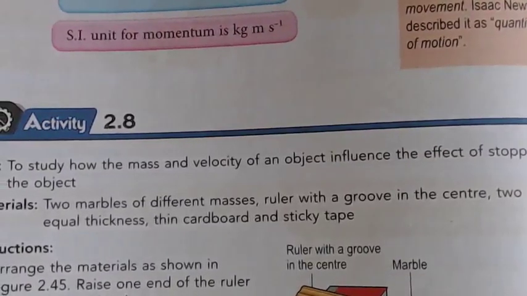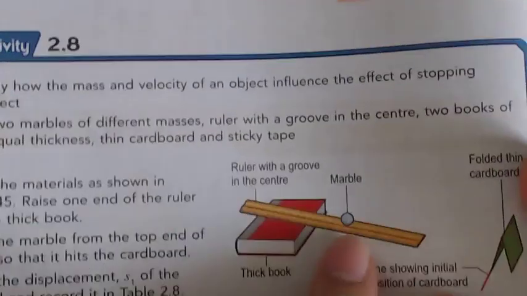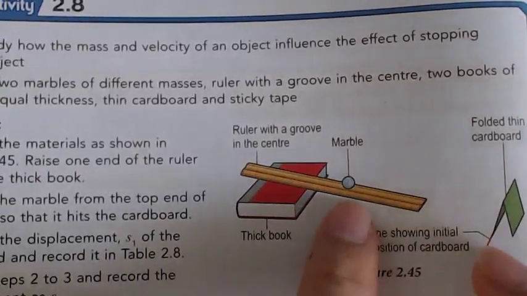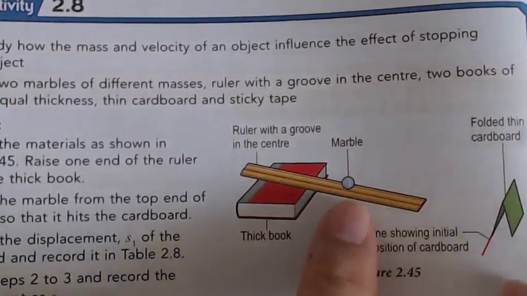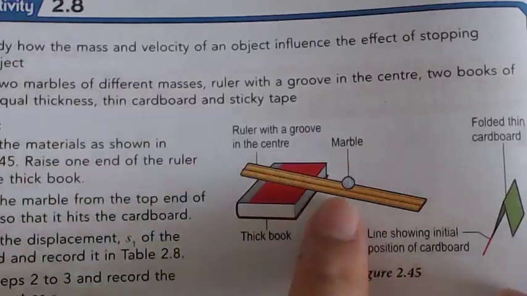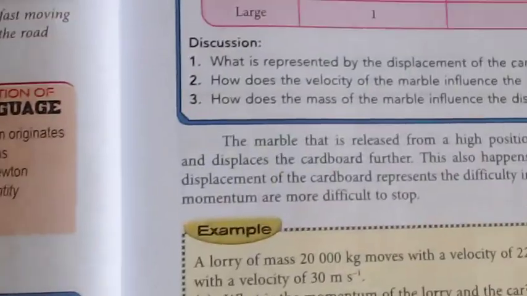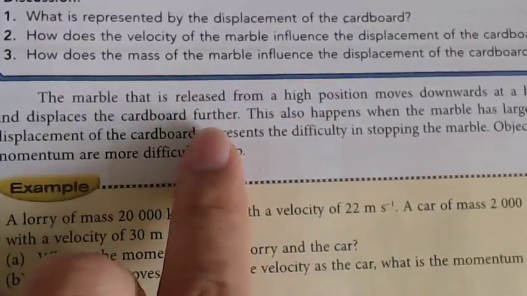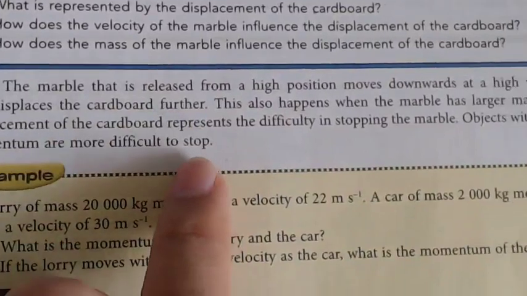Now, moving along. This activity I had expressed to you, the idea from this activity, is to prove to you that if the mass is higher, the momentum is also higher, correct?